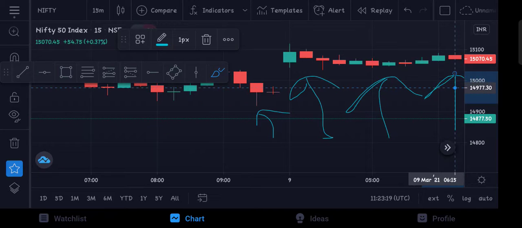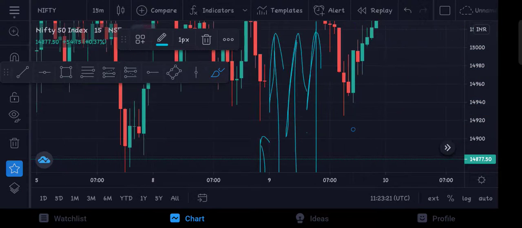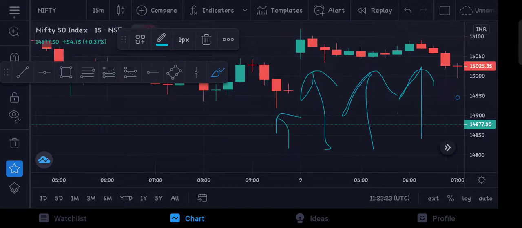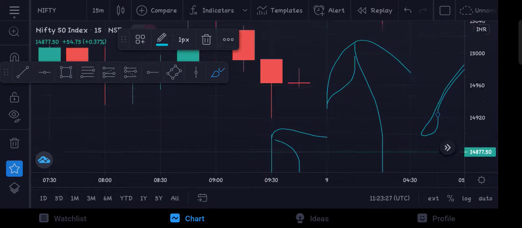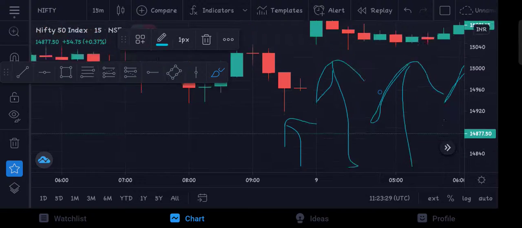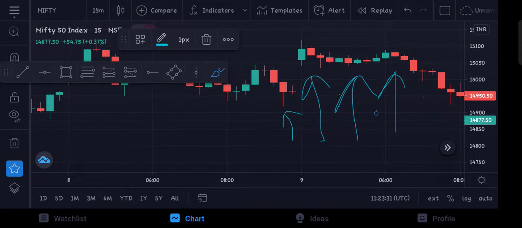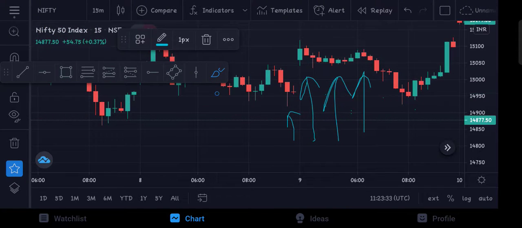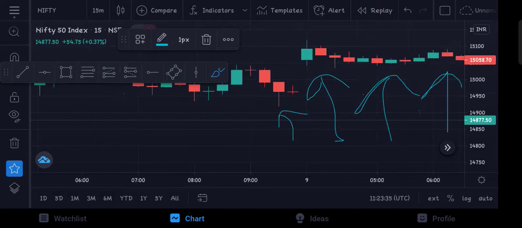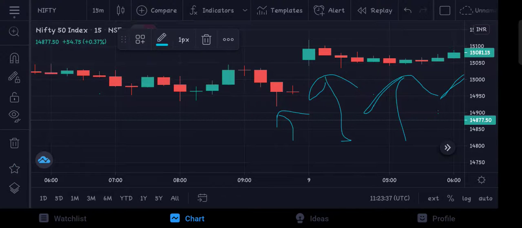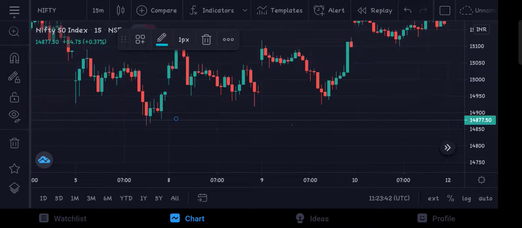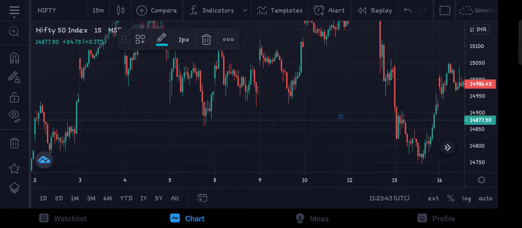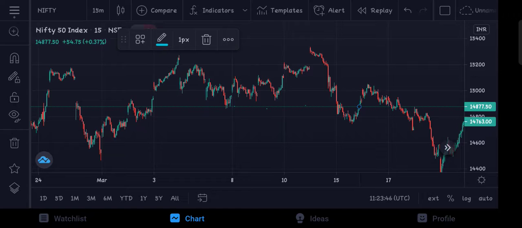What do you understand by this? For every 15 minutes one candle forms, and for every next 15 minutes another candle forms. This is the meaning of it. So let me remove these drawings. This is the overall idea of a candlestick.